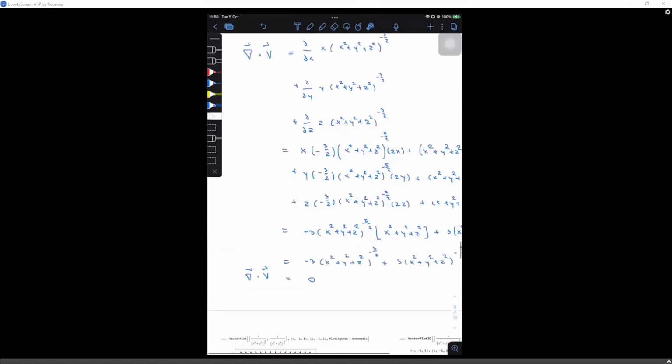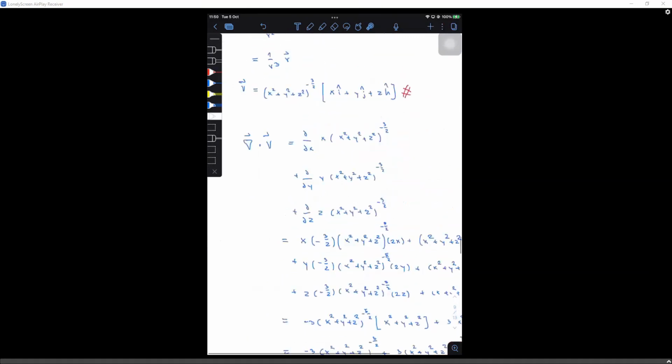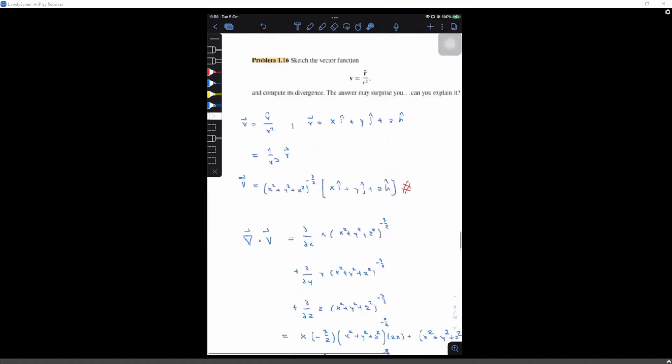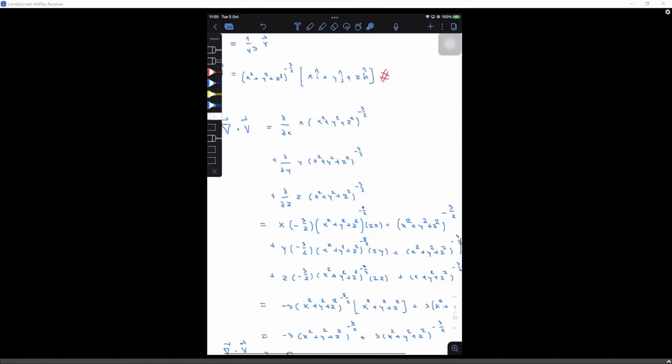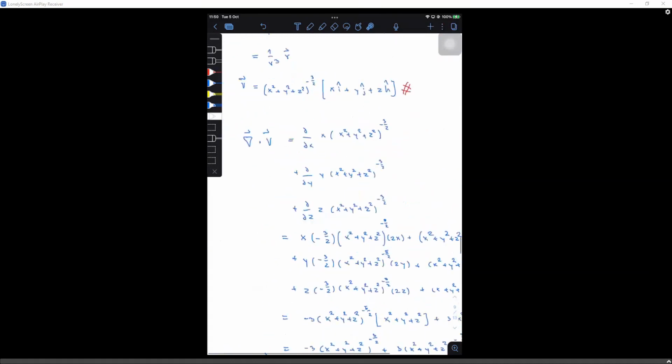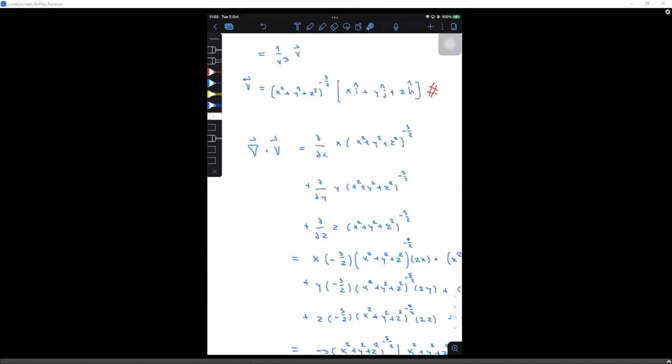And next, what we need to compute is the divergence. As you know, the divergence product needs to be a scalar.